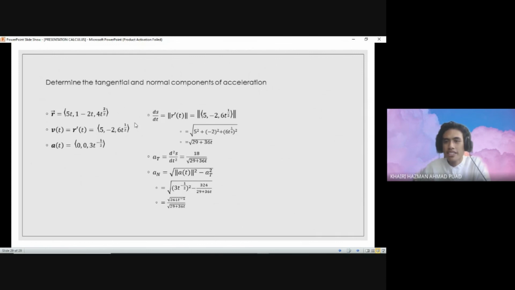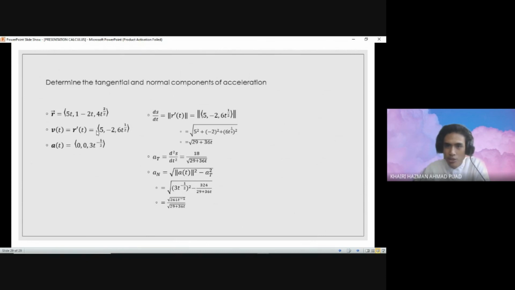The velocity vector is shown as that, where v represents velocity, which is the same as the first derivative of the r vector, and it is 5, negative 2, 6t to the power of 1 over 2.